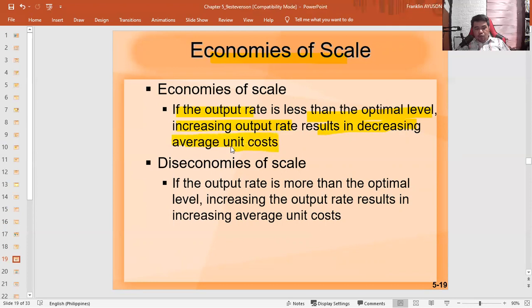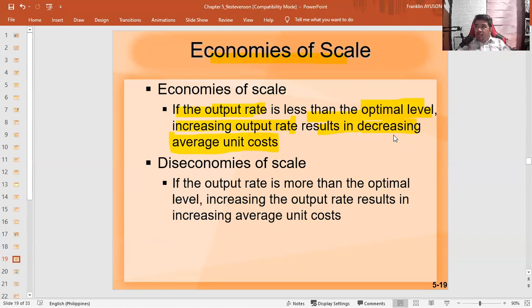Ibig sabihin, yung pinakamababa na average unit cost. Okay, defined by, number 1, yung output rate natin less than the optimal level, and in consideration whether or not to increase the output rate, resulting in a decrease in our average unit cost. So later on, we'll have some examples with that.